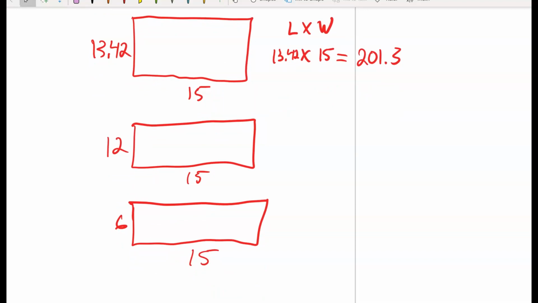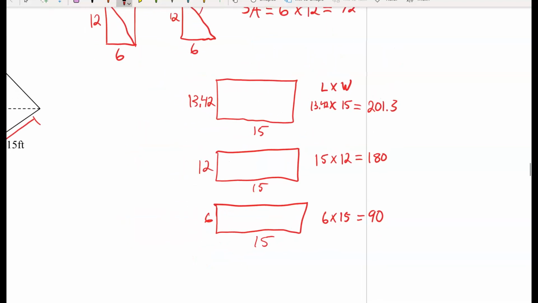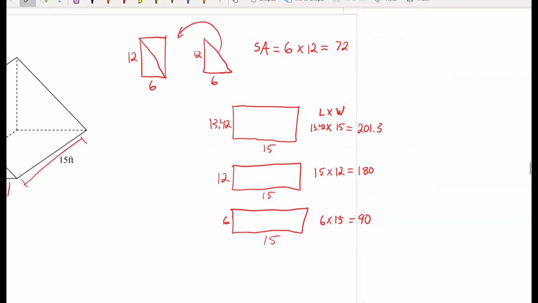For the second rectangle here, we have 15 times 12, so length times width, which is 180. And then for our last one, we have 6 times 15, which is 90. So we've calculated for the 3 rectangles and the 2 triangles. So we have 72, 201.3, 180, and 90.